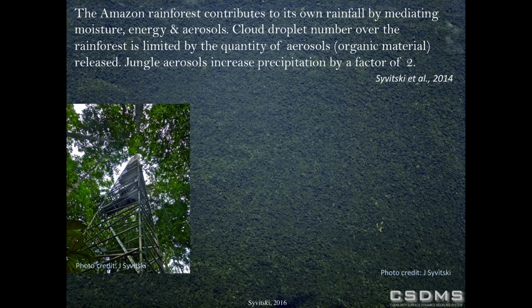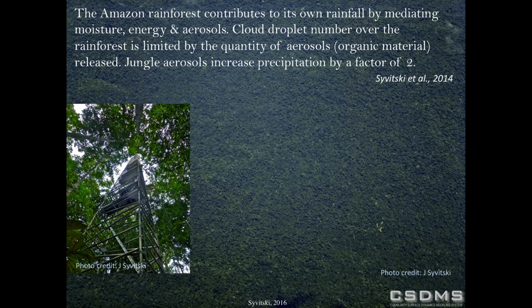On rainforest, so you all talked about the world without vegetation. One of the impacts of today's vegetation is that in tropical jungles, they can increase the precipitation by a factor of 2. So if you took that vegetation away, all our models are saying this, the precipitation will decrease.